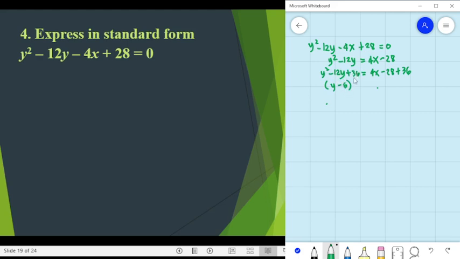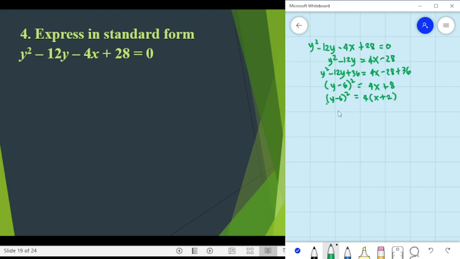So negative 6 squared is equal to 4x, and negative 28 plus 36 is equal to positive 8. Correct. And then copy the quantity y minus 6 squared, and then factor out the right side. Notice that there is a common factor of 4, quantity x plus 2.